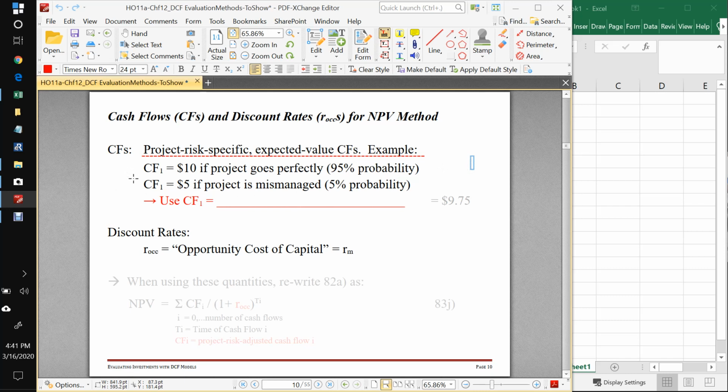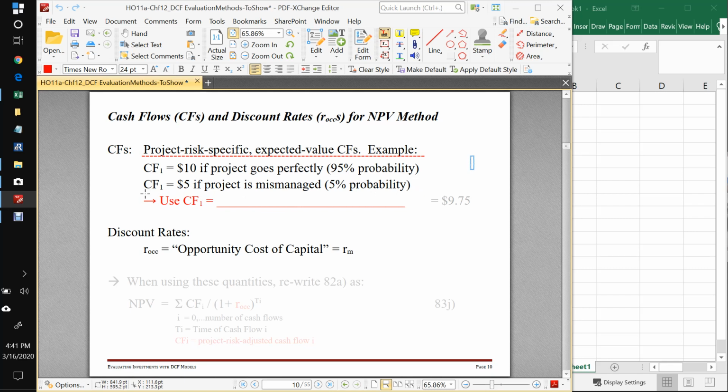So for example, this is very similar to something that we did in the last chapter. We could say cash flow 1 is what's contractually promised. It's $10. It's what we're going to get if the project goes perfectly. We assign, after a lot of work, after maybe 2 days worth of work, we say, we think there's a 95% probability of that happening.